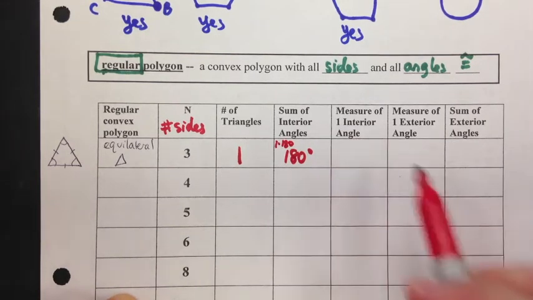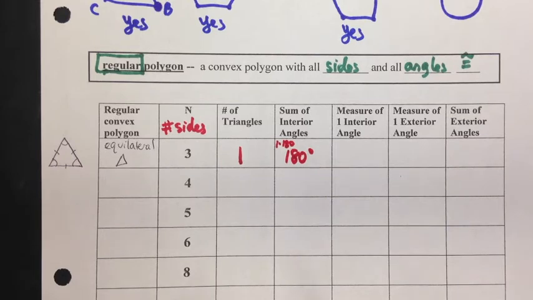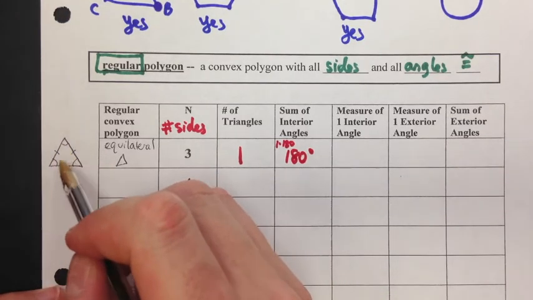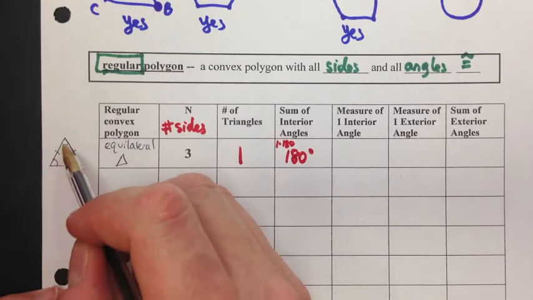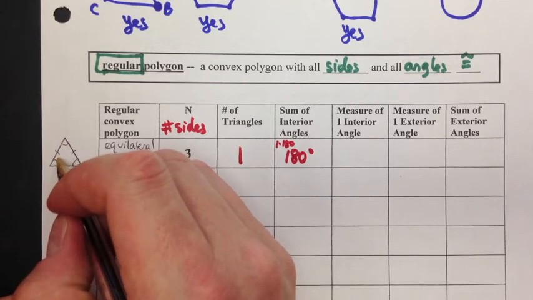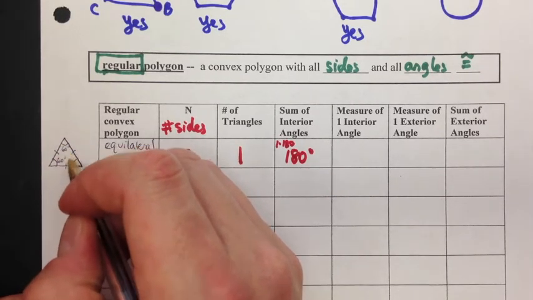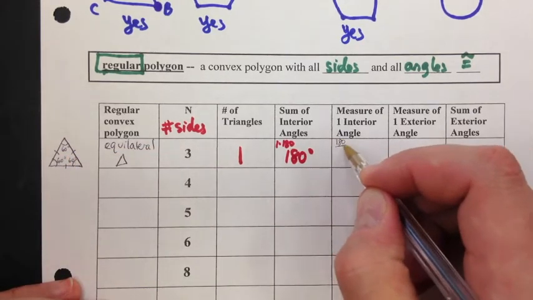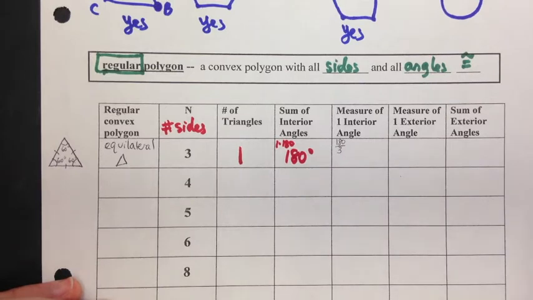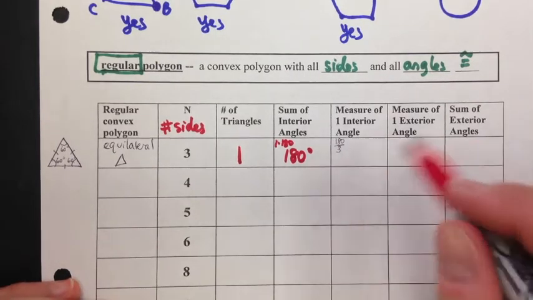Now, the measure of one interior angle, if all of these are congruent and they add up to 180, would be 180 divided by 3, which is 60, 60, 60. So I can take 180 divided by 3, and that gives me 60 degrees.